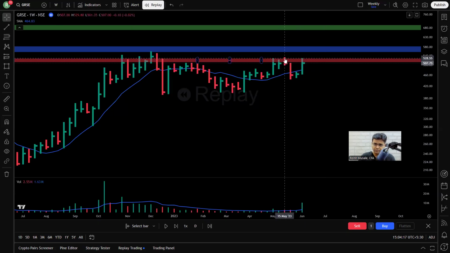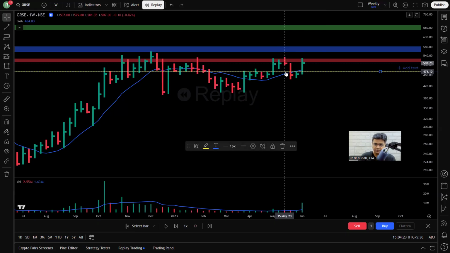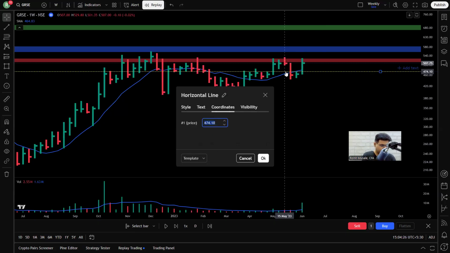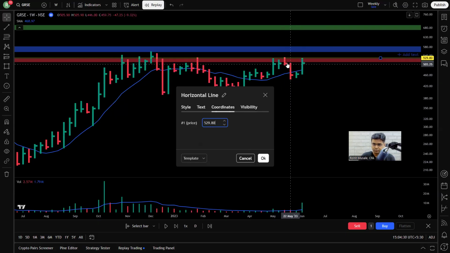And keep an eye on this high as well. So let me mark a line there, which is the high of that candle, 529.80. Okay, that is the high of this bar. Correct, 529.80.